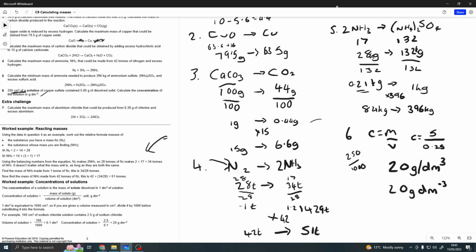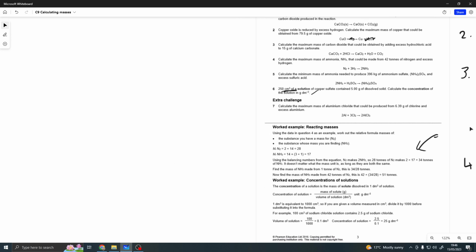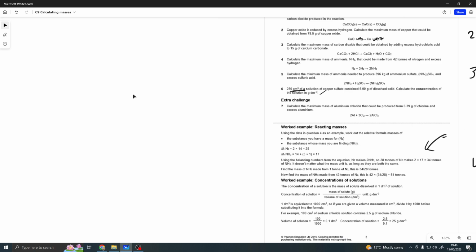That minus 3 is telling you that it's over dm cubed. Right, there we are. Now the last one we have, I've run out of space, is number 7. Let's have a cheeky look. What I'll do is I'll slap it over here. We'll have a cheeky look at 7 before we finish. So 7, let's go for 7.